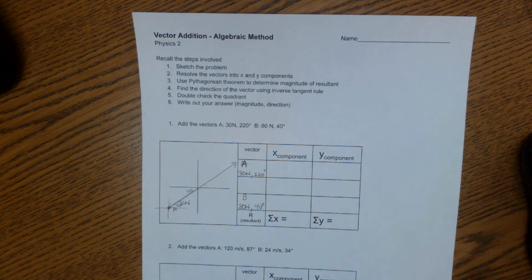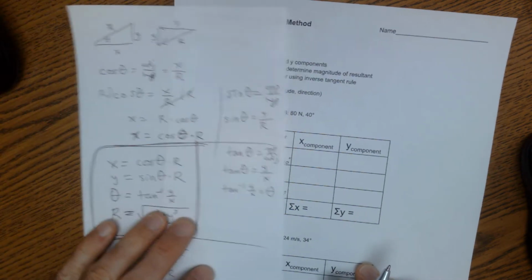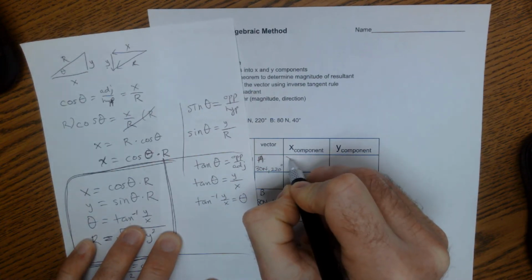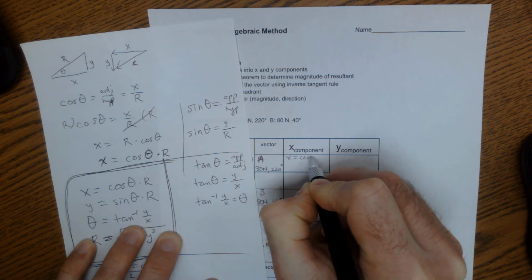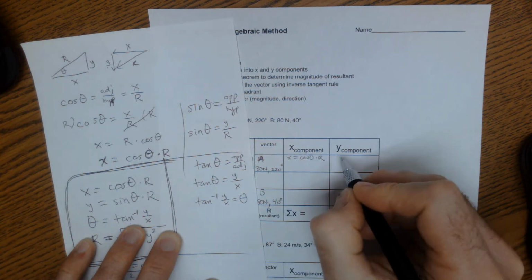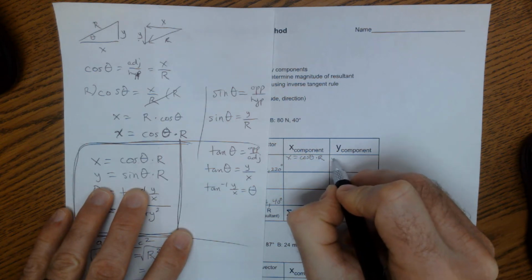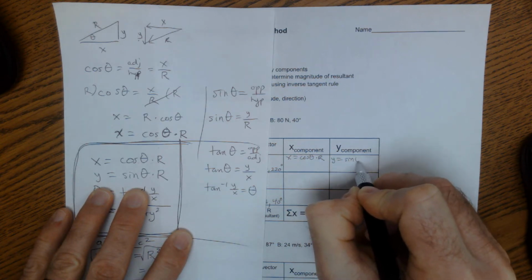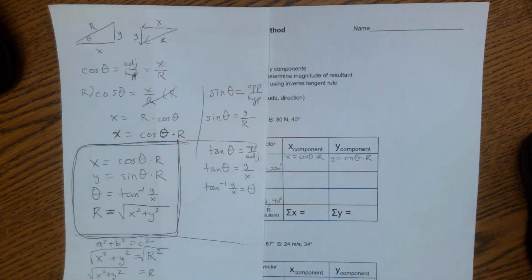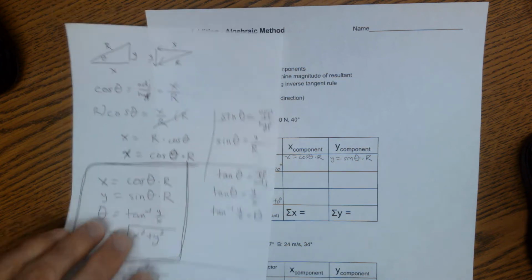Now, to find the x component of my first vector, I'm going to say x equals the cosine of theta times r, and for y, y equals sine theta times r. Because when we think cosine, we should be thinking x, and when we think sine, we should be thinking y.